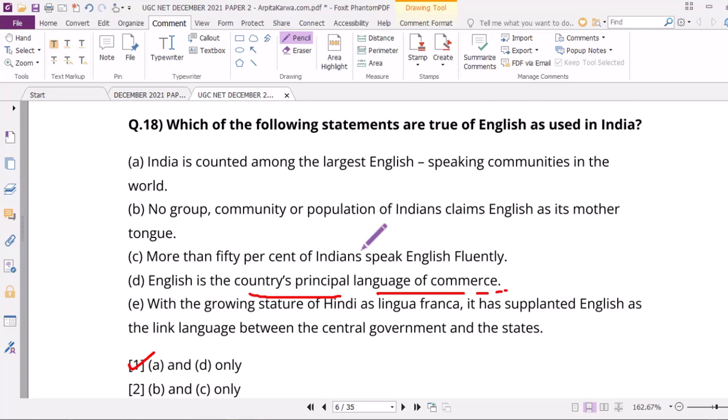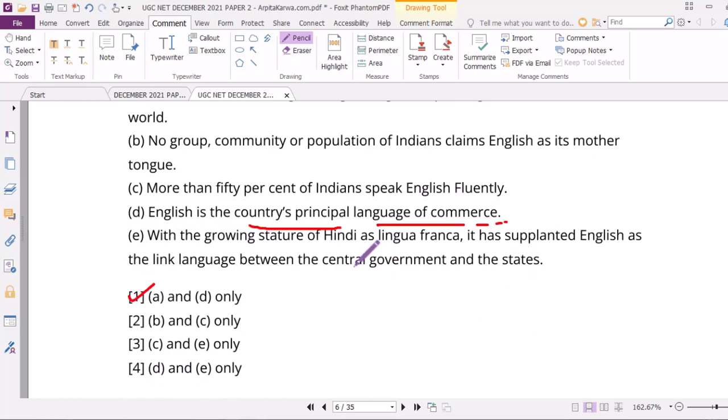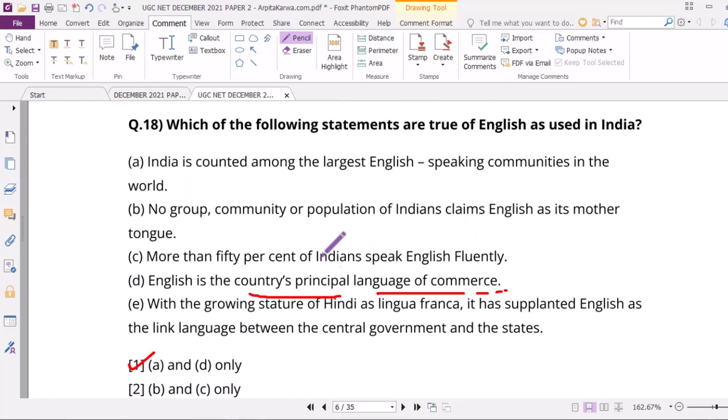In KBC, we do 50-50, we eliminate the options. Similarly here, E is eliminated. Now, we are doubtful about D, let's say. Then we come to C: more than 50% of Indians speak fluently. We know for a fact that this is not true. Again, eliminated.